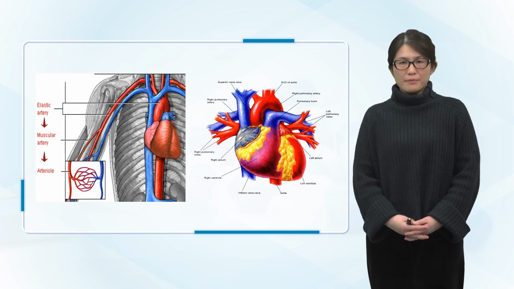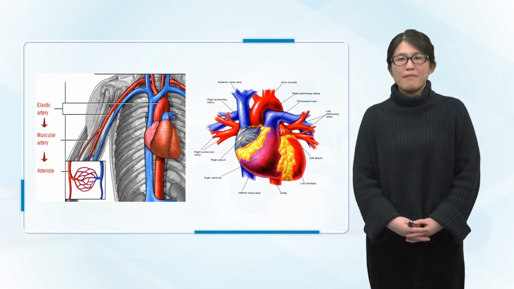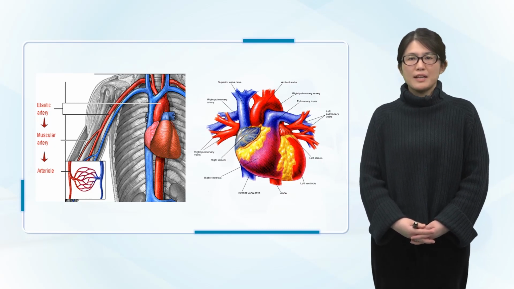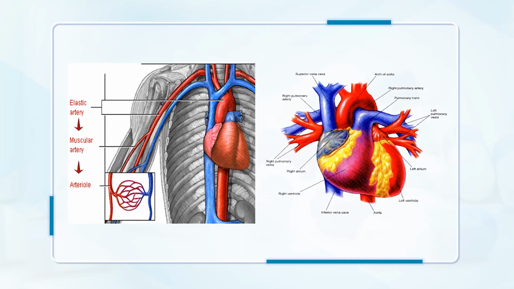The cardiovascular system is composed of the heart, blood vessels, and blood in the heart cavity and blood vessels. The blood vessel part is composed of arteries, capillaries, and veins. Throughout the course of life activities, the heart keeps beating, pushing blood to circulate in the cardiovascular system, as shown in the picture.